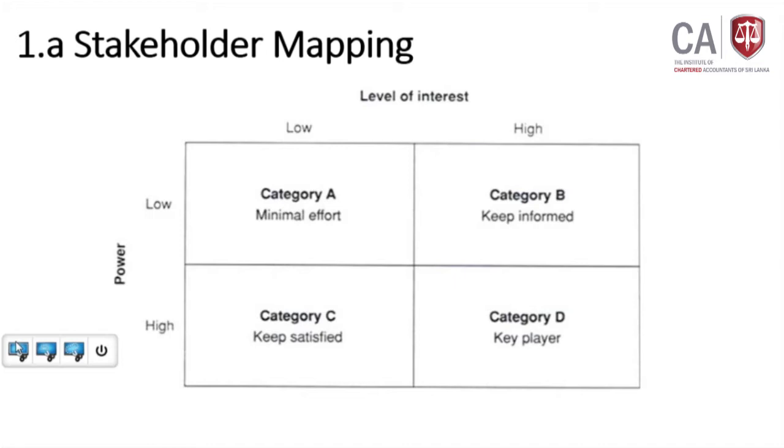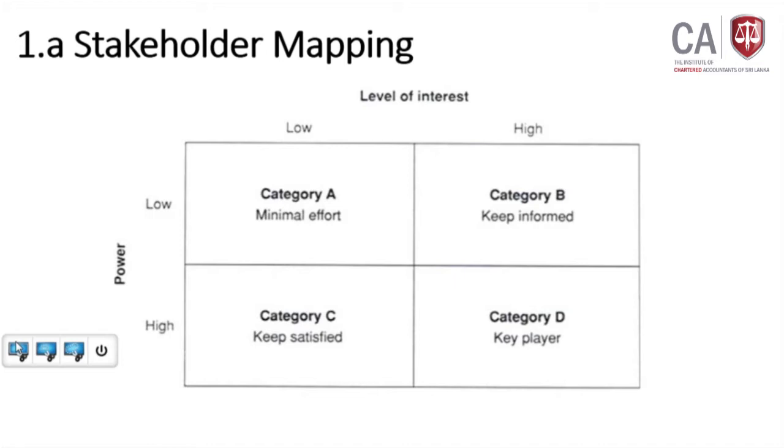Category C, that means interest is low, power is high. For example, government. Normally, government interest on business activities is low, unless special situations occur. Category D, normally we call category D as key player.